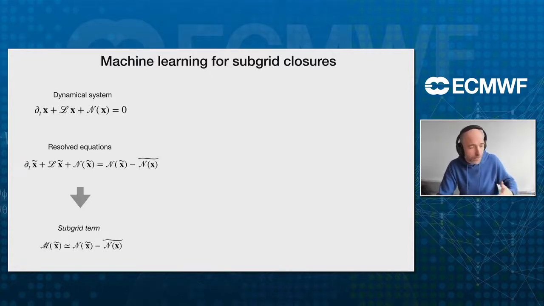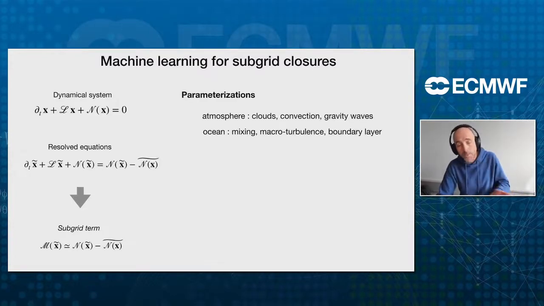Because of the nonlinearity of the equations of motion, we have to close some terms. Those closures, also known as parameterizations, are really key, as they are a rate controlling process in the long-term evolution of the system, and here are examples of a number of processes that we need to account for.